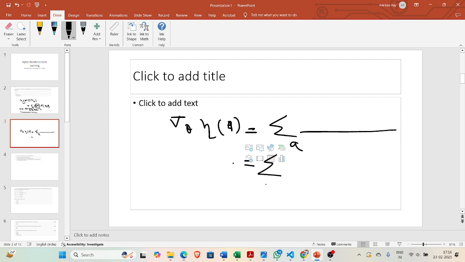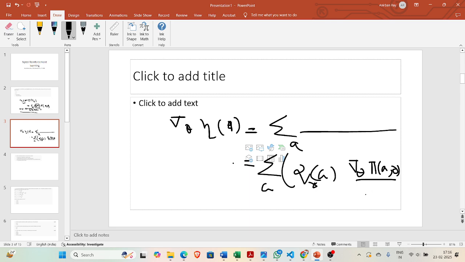So summation over a of q star a del theta pi of a comma theta. Okay, so we need to find the gradient of this.